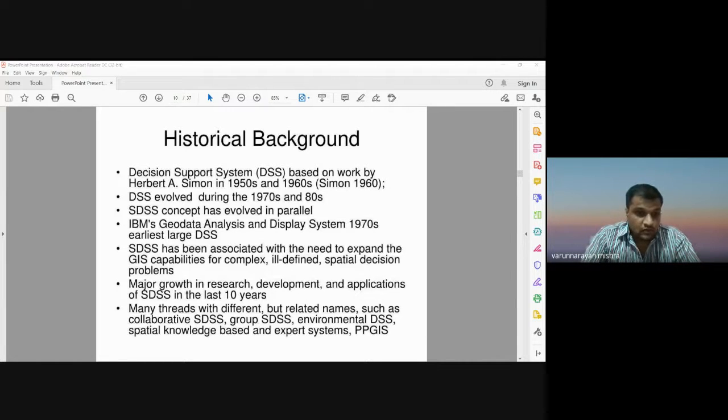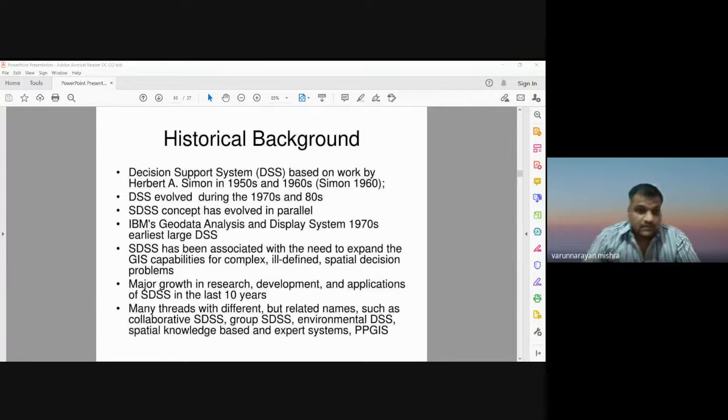There has been a major growth in the research, development, and application of SDSS in the last 10 years. But there are many threads with different but related names, such as collaborative SDSS, group SDSS, environmental SDSS, spatial knowledge based and expert system, PPGIS. With the development of SDSS, different names came into the market.